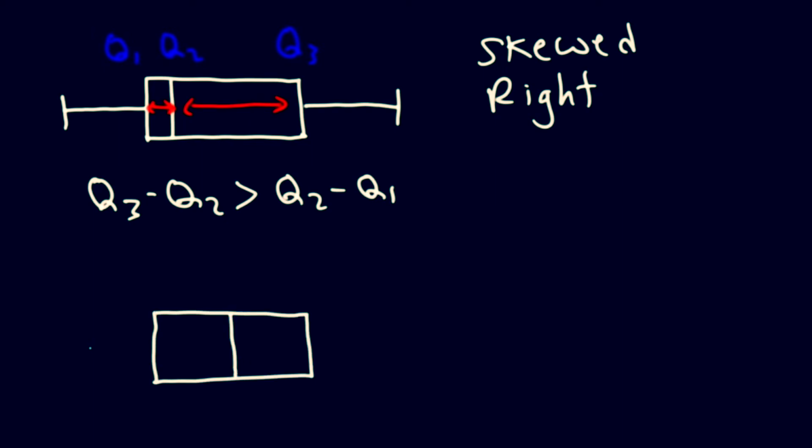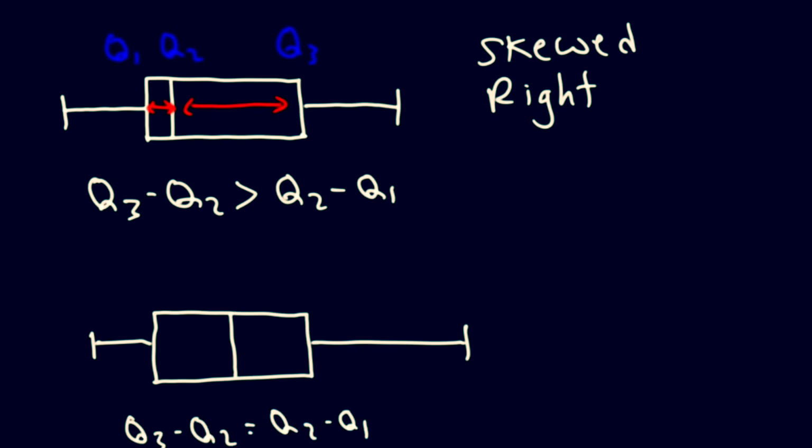There's another possibility whereby Q3 minus Q2 is equal to Q2 minus Q1, but you look at the whisker at the right, it will be longer than the whisker to the left.